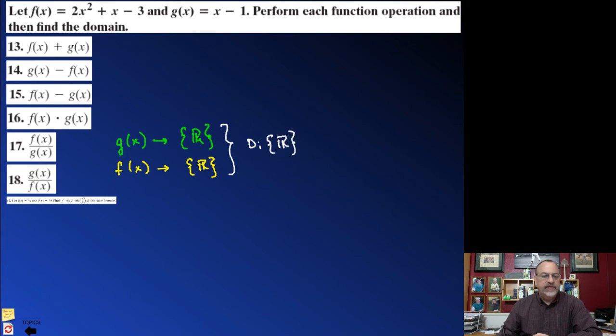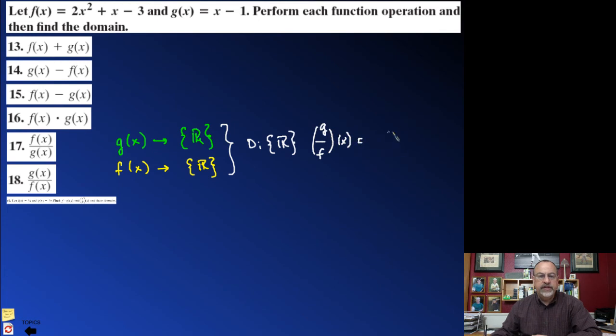Now, because I'm doing division, I will have to make sure that the function that's in the denominator does not equal 0. So if I go ahead and put the functions together to begin the process, whoops, I did that wrong. I'm doing the g divided by f, so let me back that up a little bit.